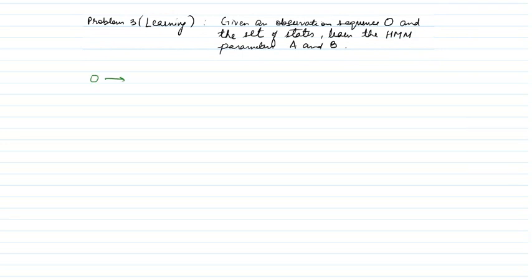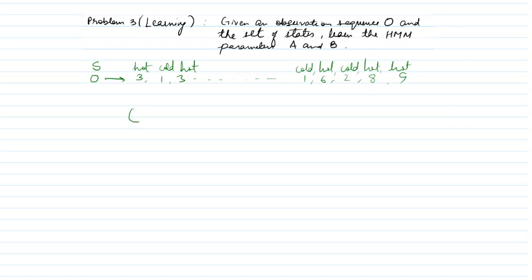I observe these 3, 1, 3, and a lot of other observations are there: 1, 6, 2, 8, 9. So given a set of observations and a set of states, I do also have states. So these are observations and corresponding states: hot, cold, hot, cold, hot, cold, hot, hot. Right. So I have these.